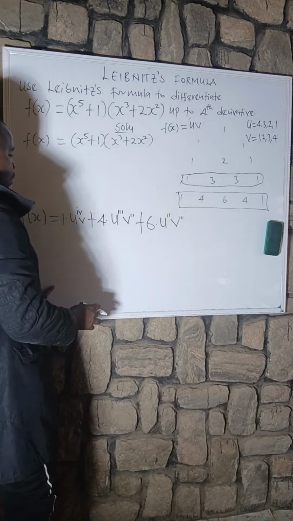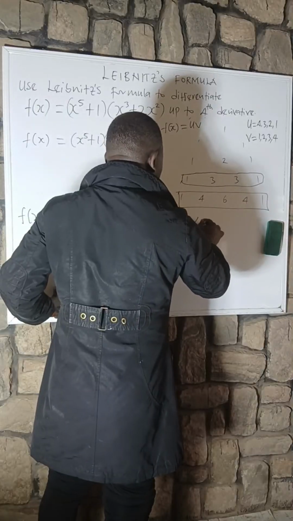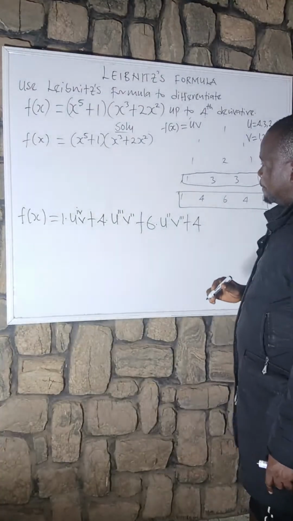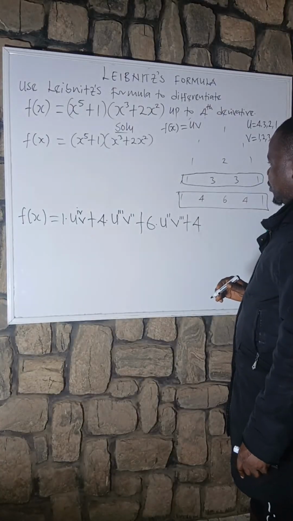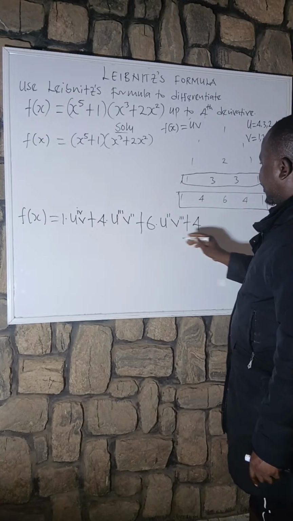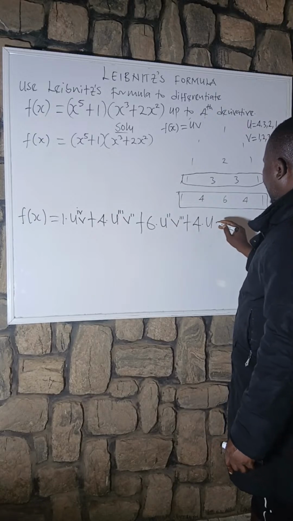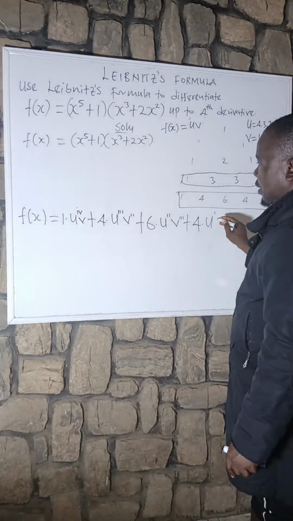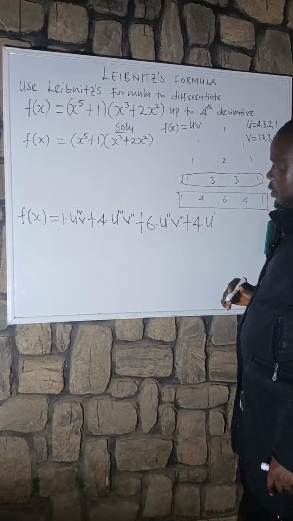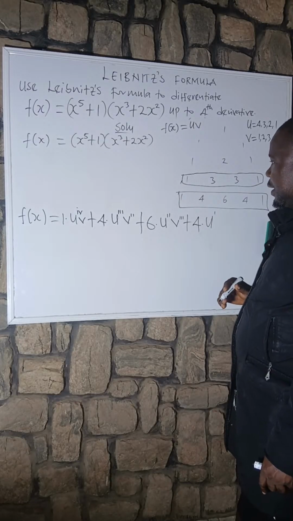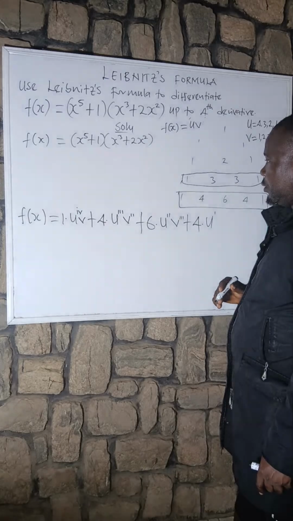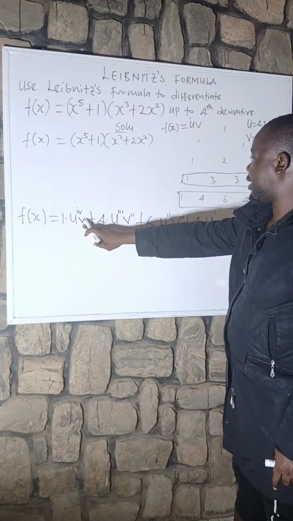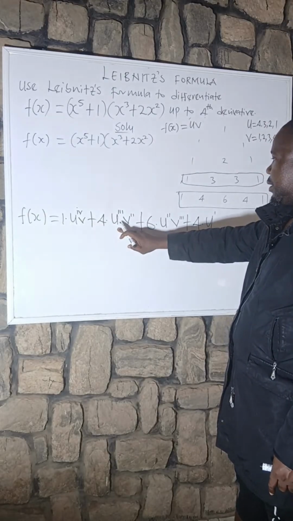Yeah, you're right. Okay, here will be 4. Then v, that is times u prime, right? I think there is a mistake here. This one will be u to the power 4, right? Okay.